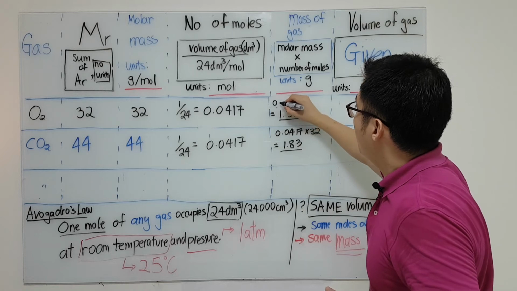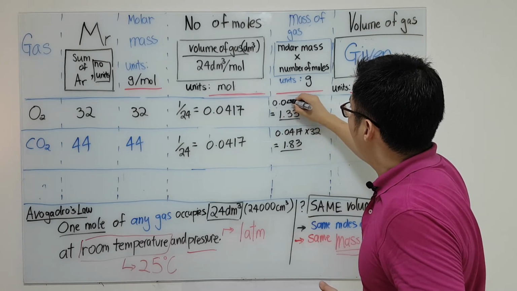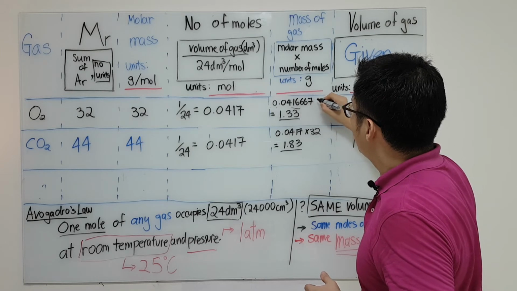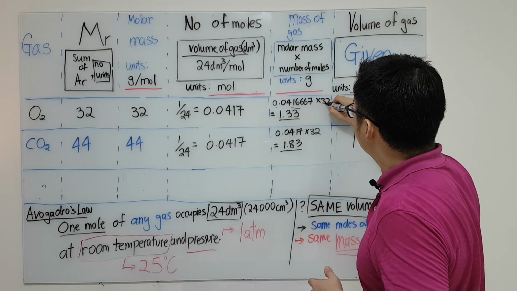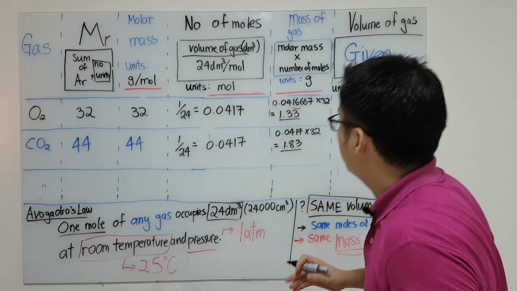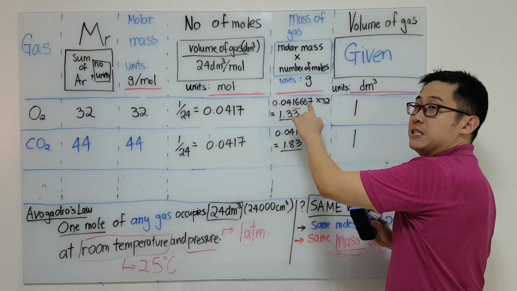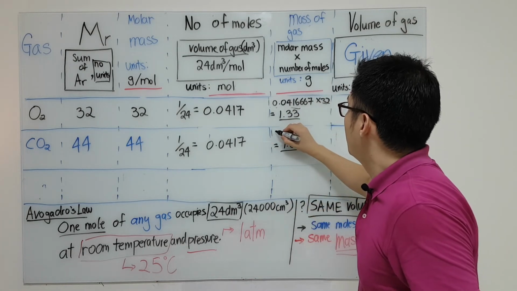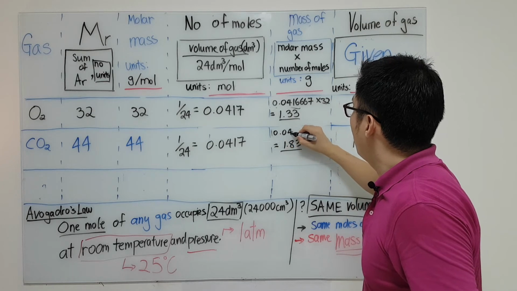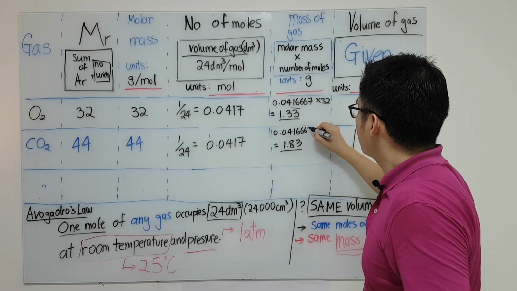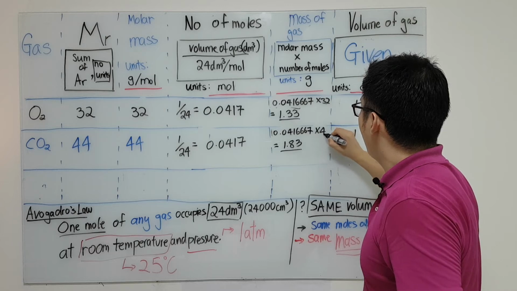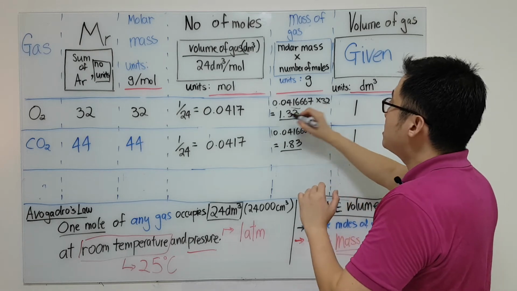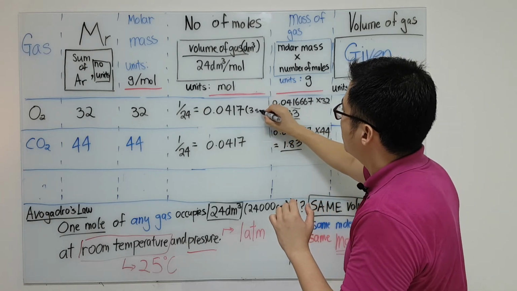In your calculator, use 0.04166667 times 32, and similarly for this case, 0.04166667 times 44, to get a higher accuracy. But you will always leave your answer in 3SF.